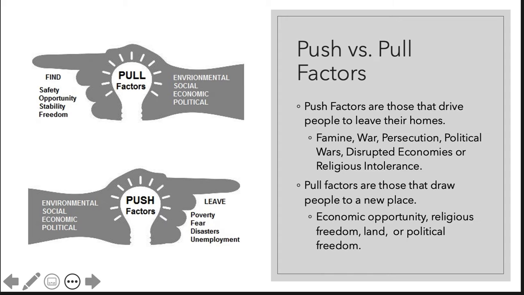These could be famine, it could be war, it could be religious or political persecution, it could be a disrupted economy or an economic depression. It could be religious intolerance. These are often negative factors that push people out to seek safety and prosperity somewhere else.